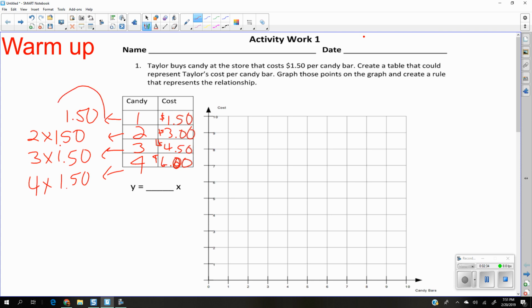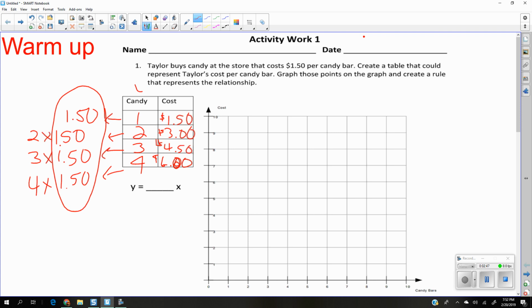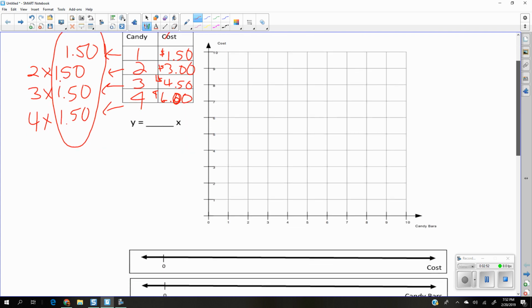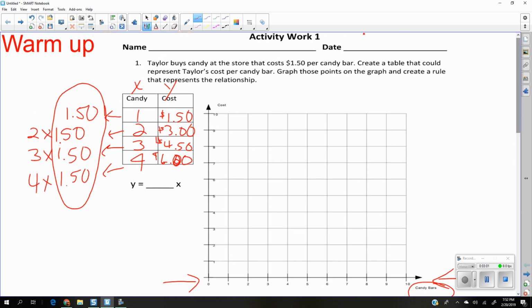Notice the constant rate is $1.50 because that's how much every candy bar costs. So let's go ahead and graph the points. Remember, this is considered X and this is considered Y. You look at the X and Y coordinates and you can see that the X axis is about the candy bars, and the Y is the cost.